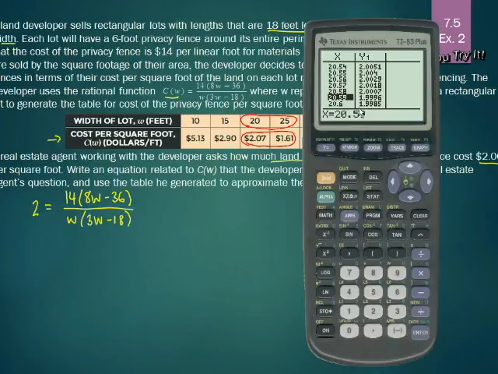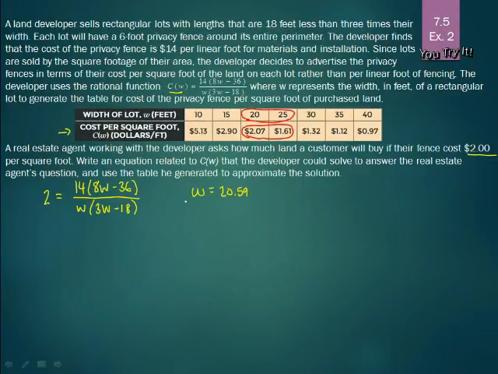Right here, at 20.58, it's almost 2, but it looks like the closest is going to be at 20.59, where it's 1.9996. That is the closest one we have here, so let's go ahead and pick that as our width. Now we know that W will be about 20.59.